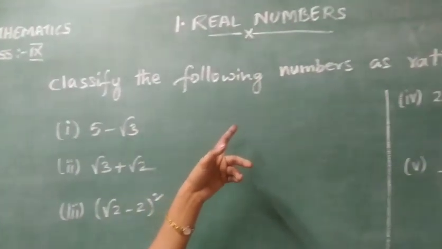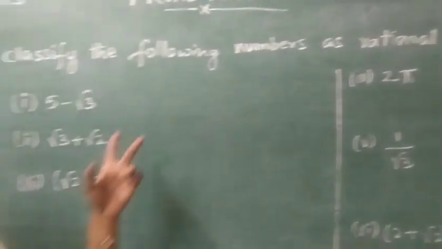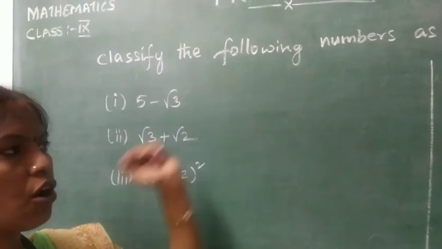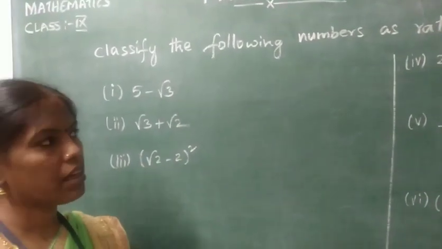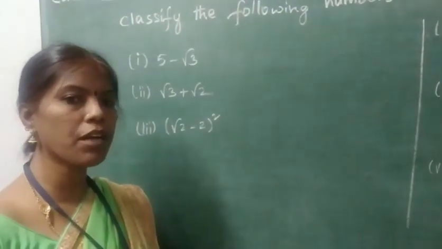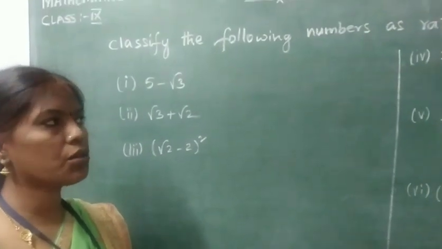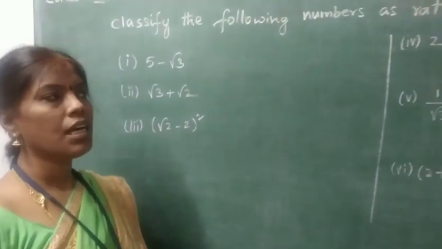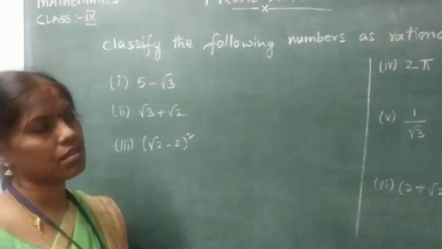Classify the following numbers as rational or irrational. Before solving this problem, let us recall what is rational. Rational numbers are those numbers which can be expressed in the form of p by q. Terminating decimals and non-terminating recurring decimals are rational numbers.